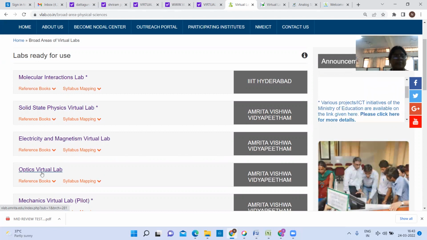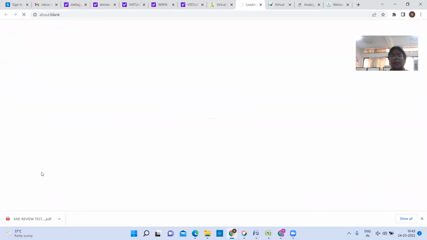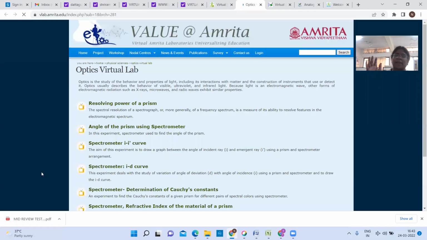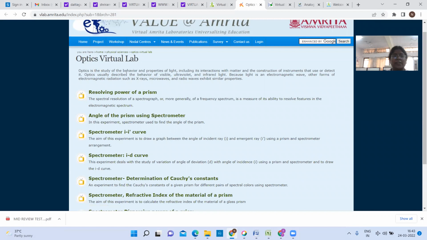So here you will get optics virtual lab because that is having some background of the physics that which you have studied in the 12th. Resolving first, आता इथं बघा optics virtual lab. Optics is the study of behavior and properties of light.